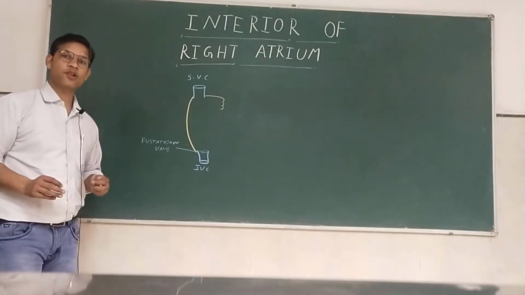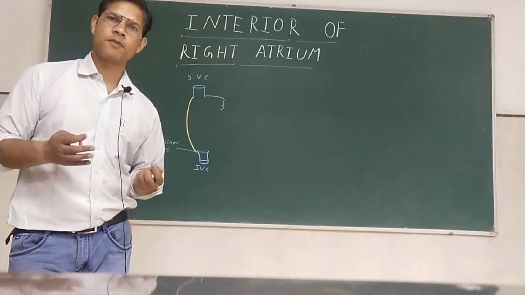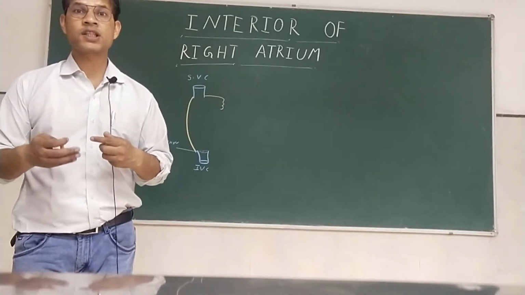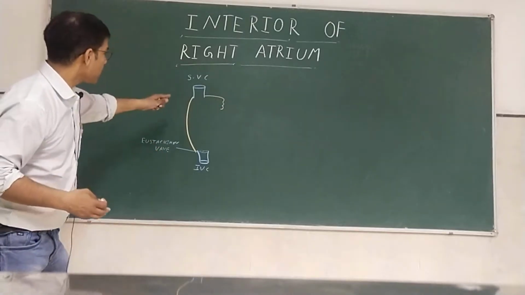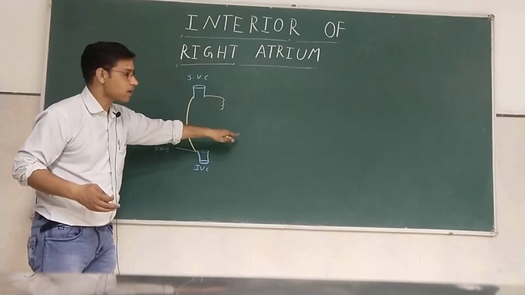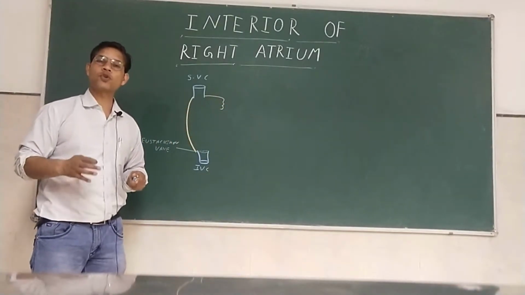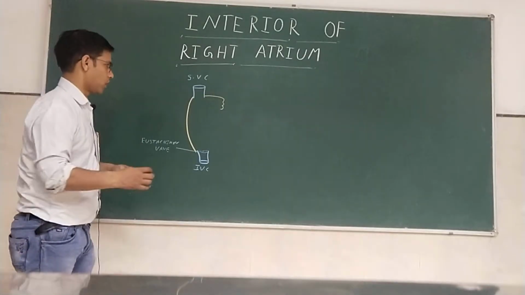Whenever a clot formation occurs due to atrial fibrillation or ventricular fibrillation, these are more susceptible areas. The blood goes into a streamline zone and is directed toward the right ventricle, but this appendage is away from the streamline, so the chance of clot formation is more in this one.